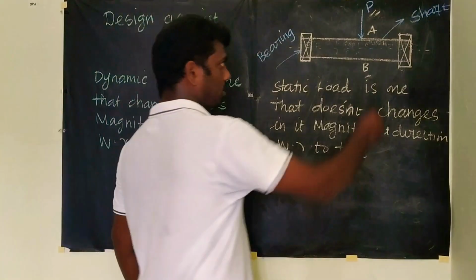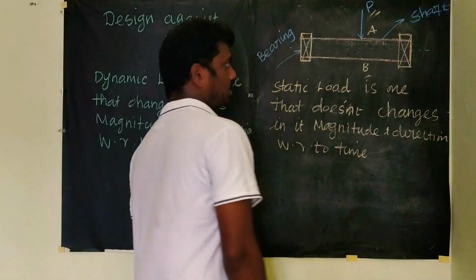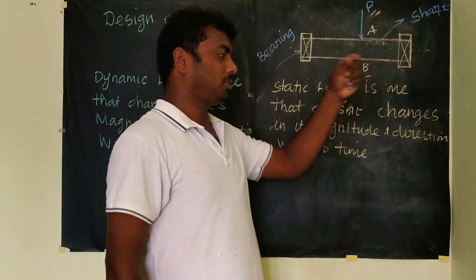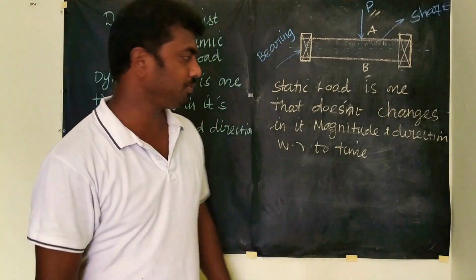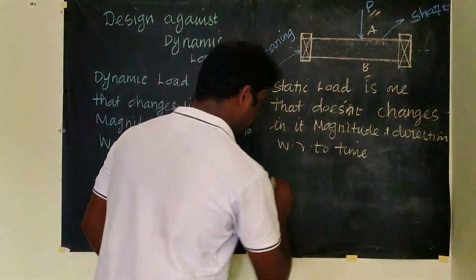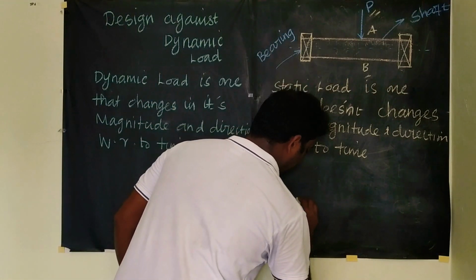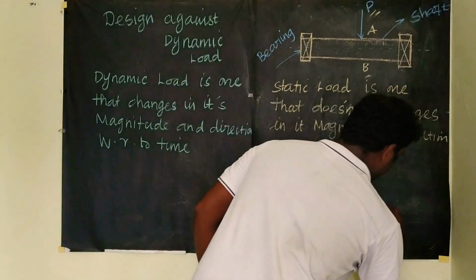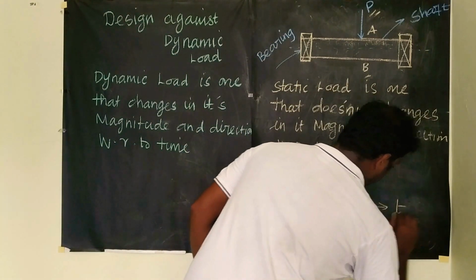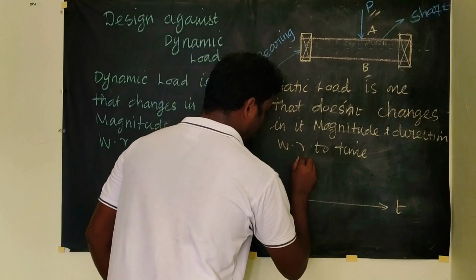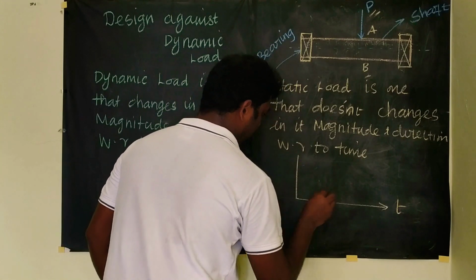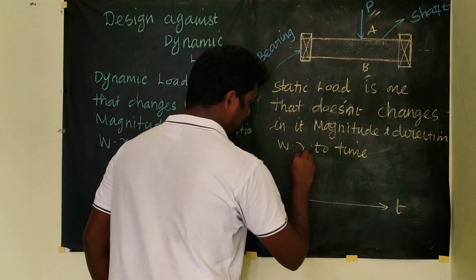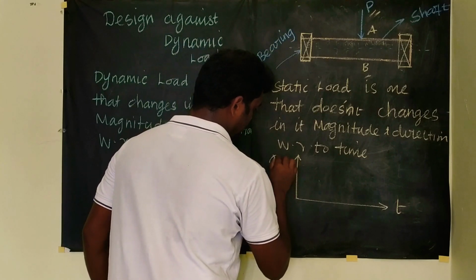Now these stresses, the stress at point A and the stress at point B, we mark on the graph. In the x-axis, we are going to take time. Then in the positive y-axis, we take tensile stress, sigma t.